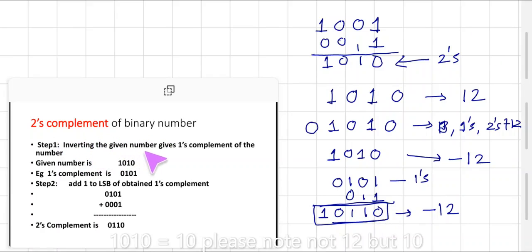Step 1, inverting the given number gives the 1's complement. For example, the given number is 1010, which we already saw, in 1's complement form is 0101, and adding 1 to the LSB gives us 110. If we add the sign bit to this, it becomes negative 12 in 2's complement form.